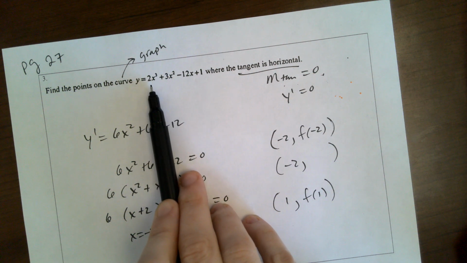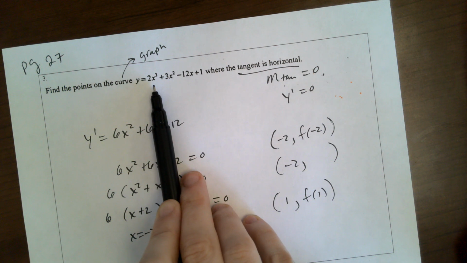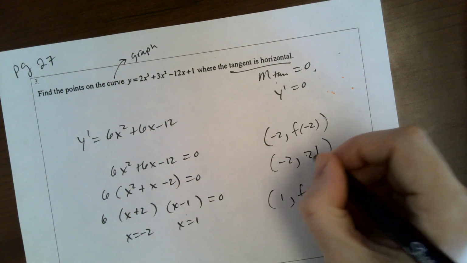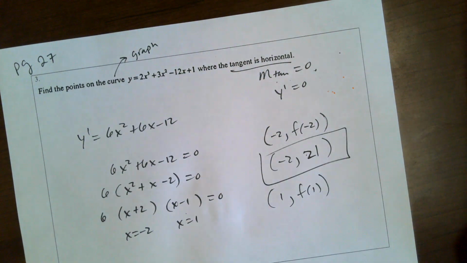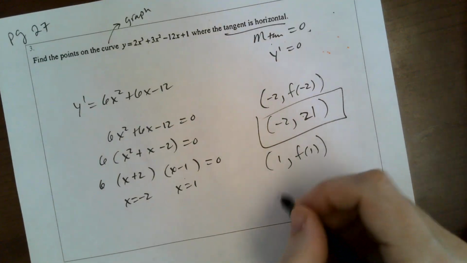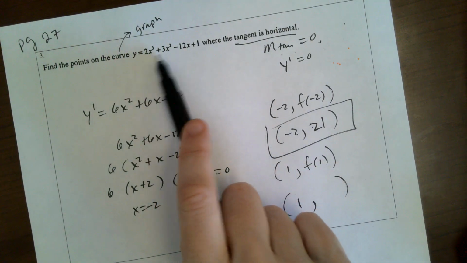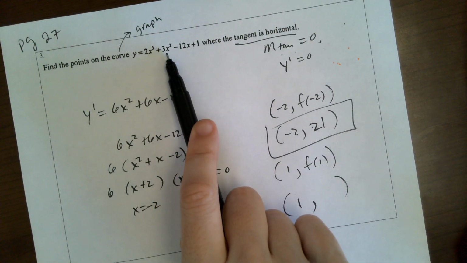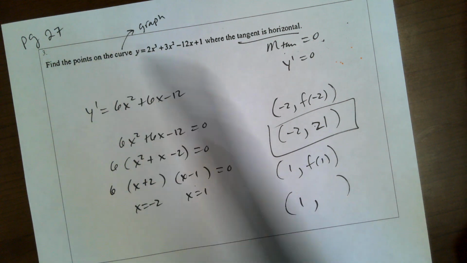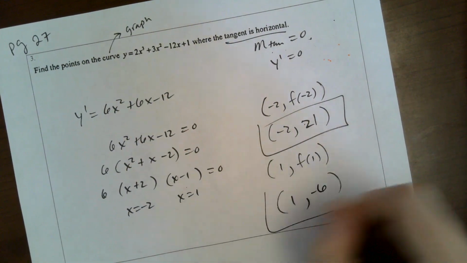All right, so 2 times negative 8 plus 12 plus 24 plus 1. I hope I got it right. I got 21. All right, so that's one of them. And then the other one, I'm just plugging 1 in. So I'm getting 2 plus 3 is 5 minus 12 plus 1 is negative 6.